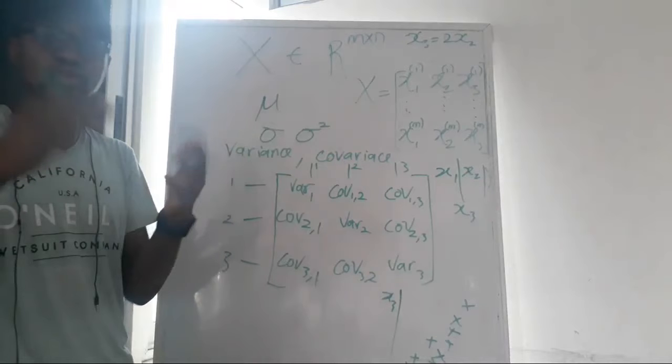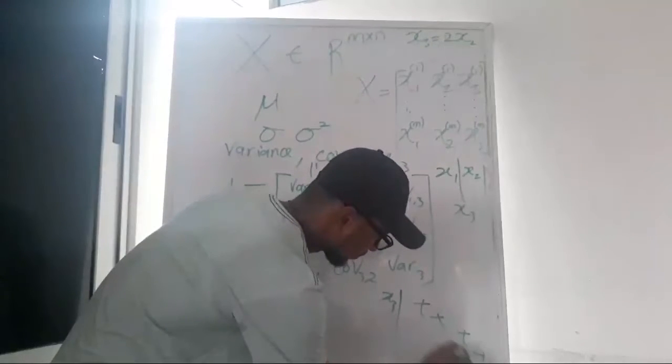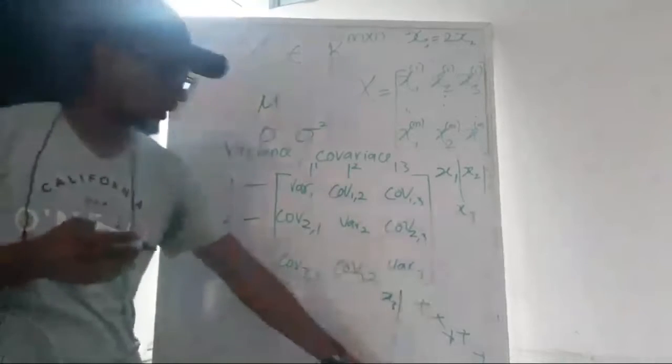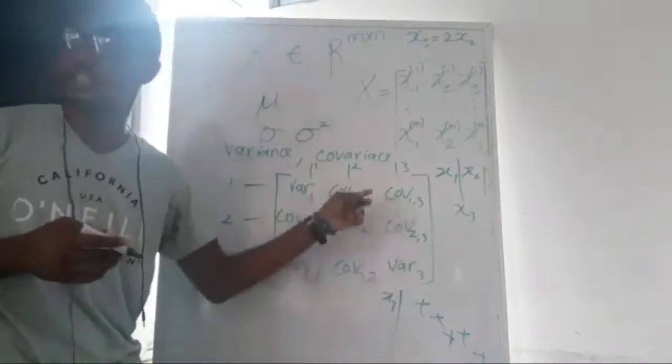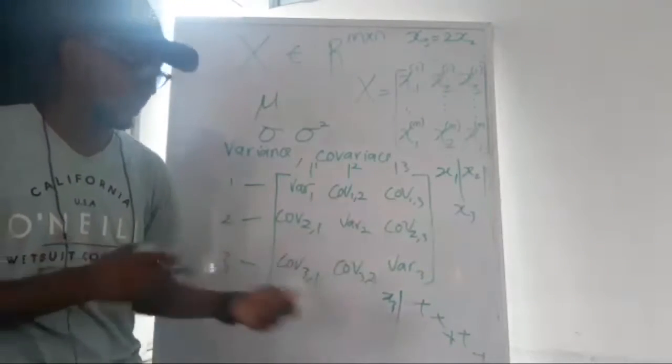And if you have something like this, you will get a negative covariance, because as this one is increasing, this one is reducing.